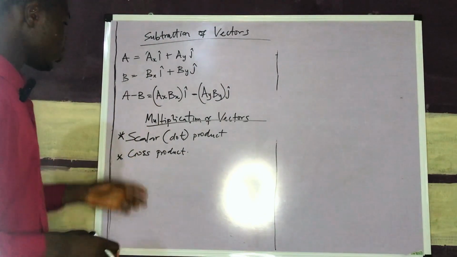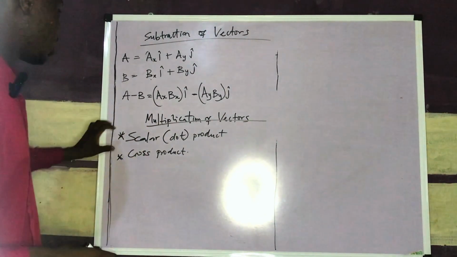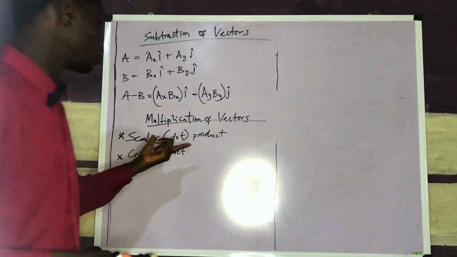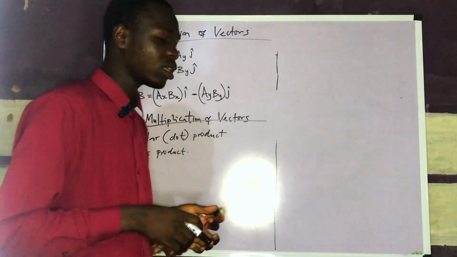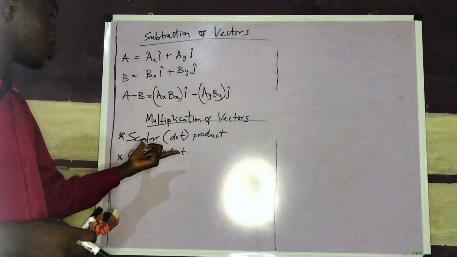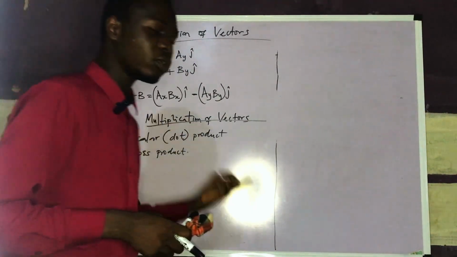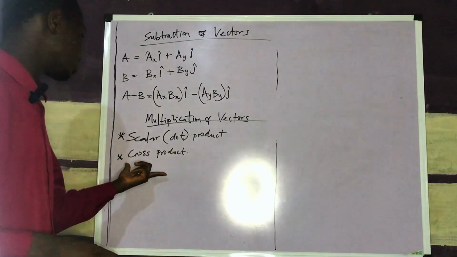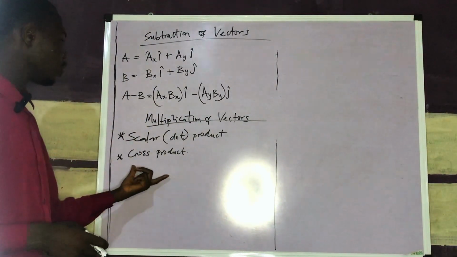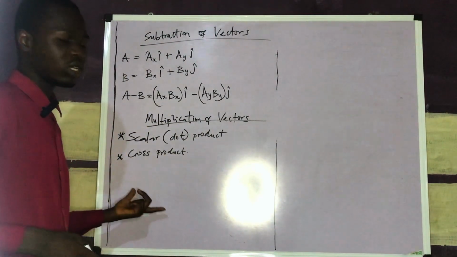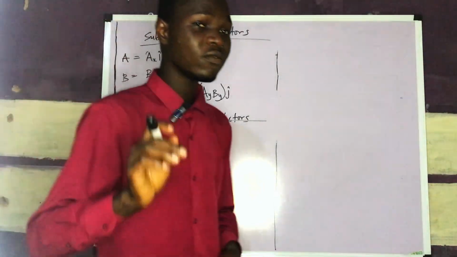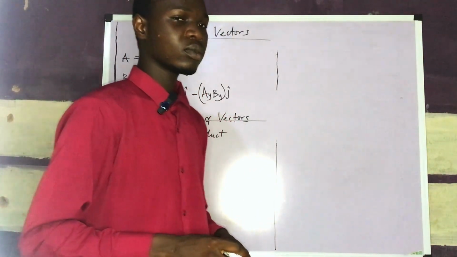Like I said, if you do the scalar dot product, the product will give you a scalar quantity. In the cross product, you are going to have a vector quantity.